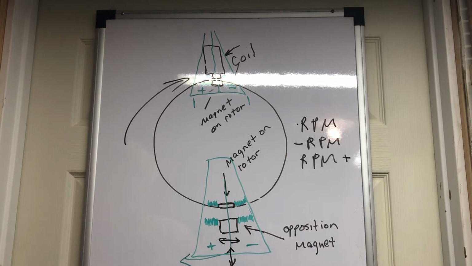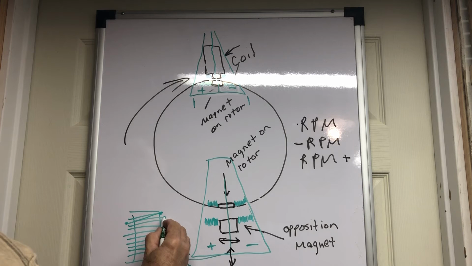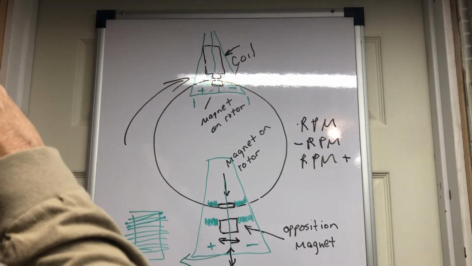The other thing I want to talk to you about is, here's your coil, and it's got a bunch of strands on the coil in parallel that are then connected. The end of this one is connected to the beginning of this one, and the end of that one is connected to the beginning of this one. You put them on in parallel and you connect them in series. And what does that do? We've already talked about that before, but here's something that I haven't brought up that you need to understand.